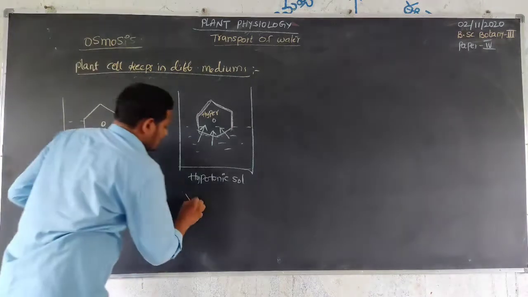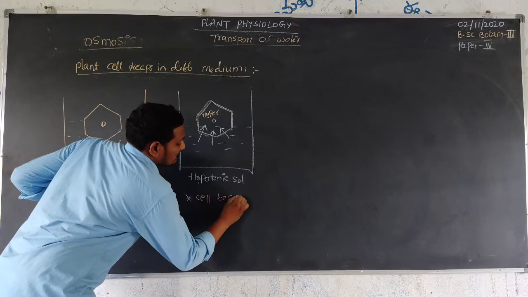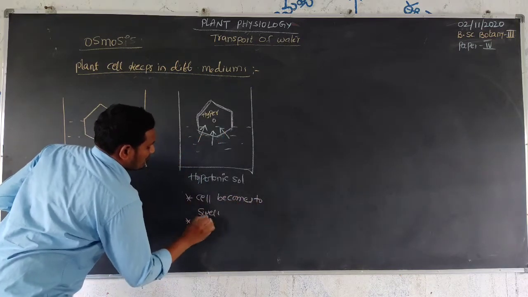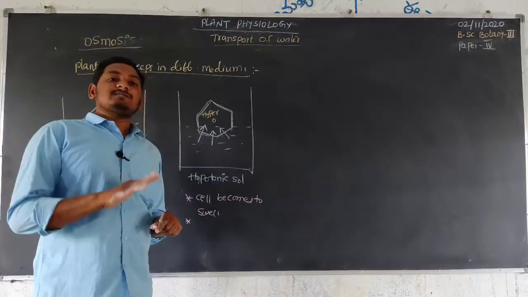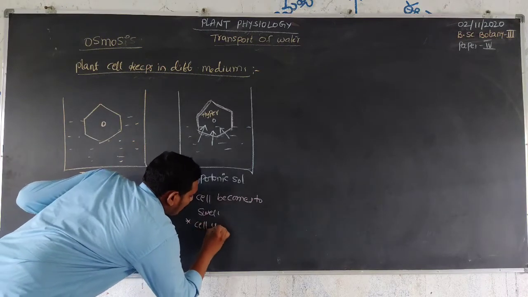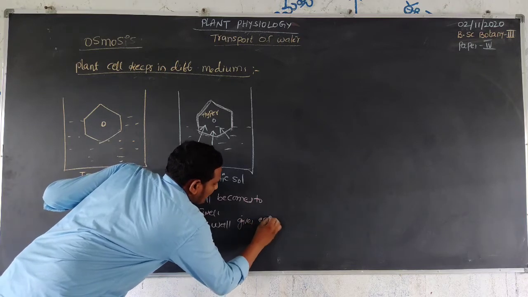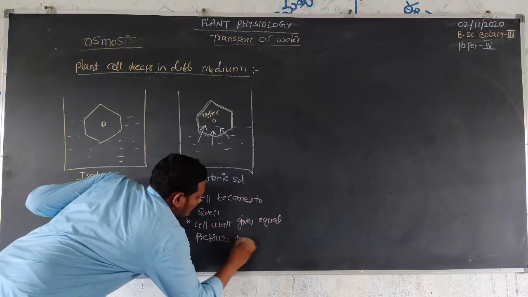So what will happen? Only the cell swells, and the cell wall provides equal pressure to the cell.